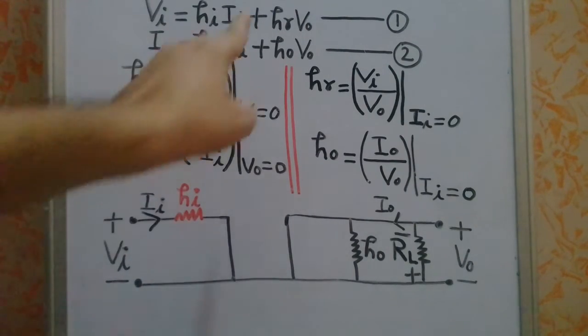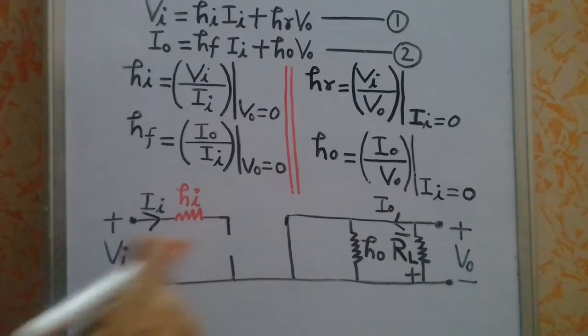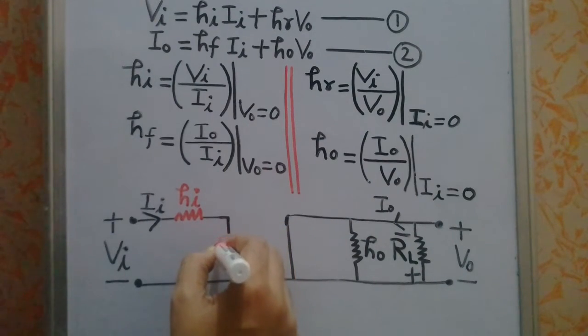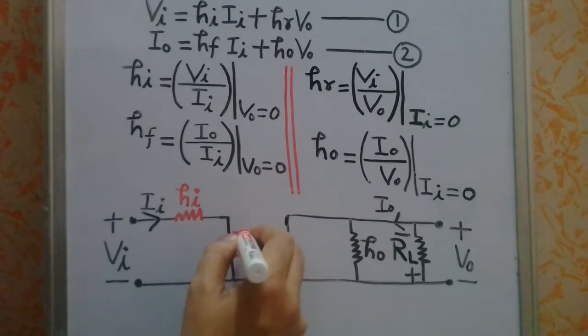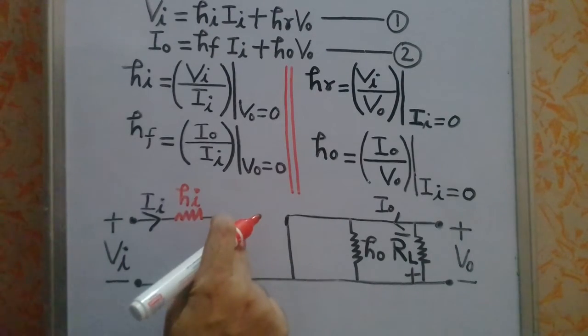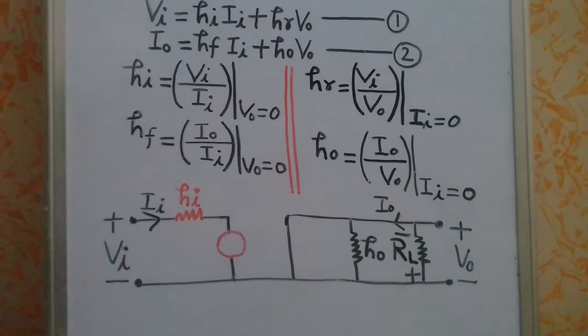Now again you see hrVo is another voltage, right? So another voltage, how to make it? You will have to draw another voltage here. That means you will have to draw this voltage like this. This is hrVo, right? So this voltage is hrVo.